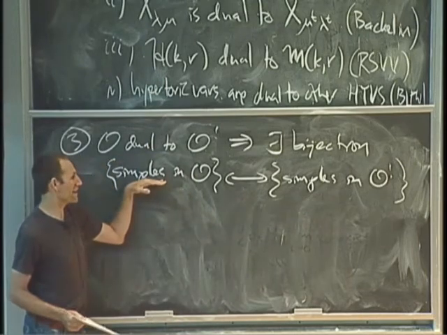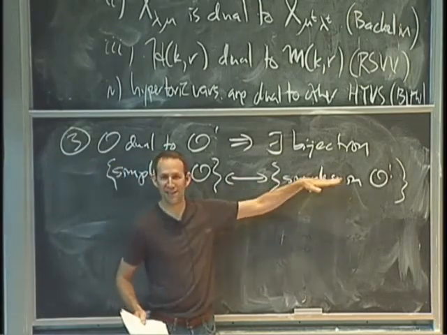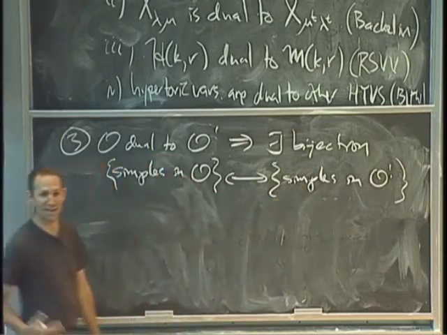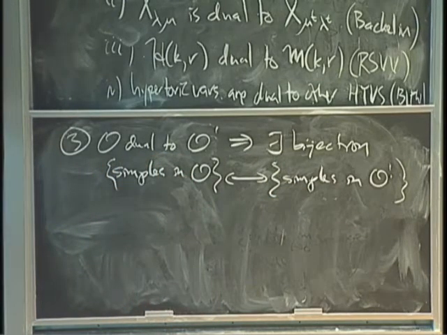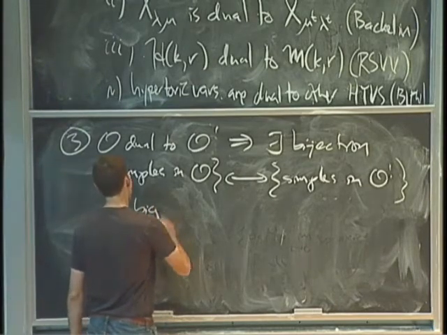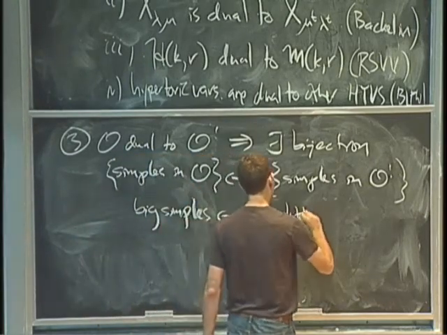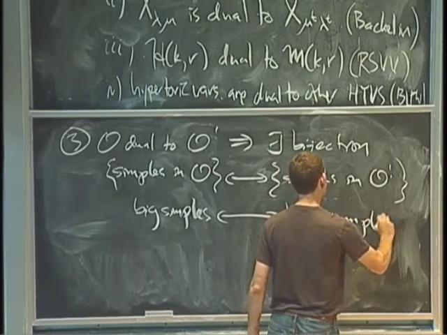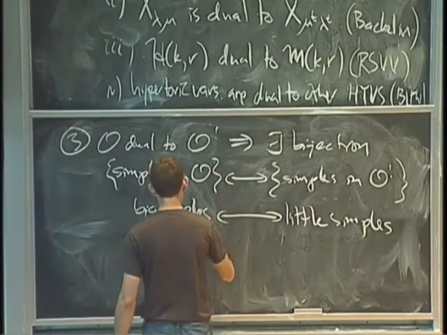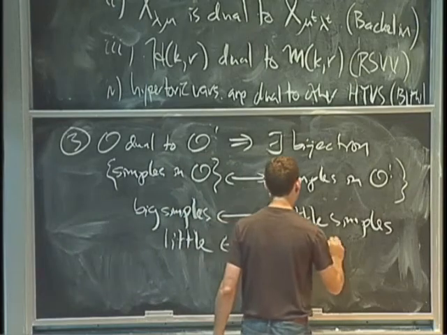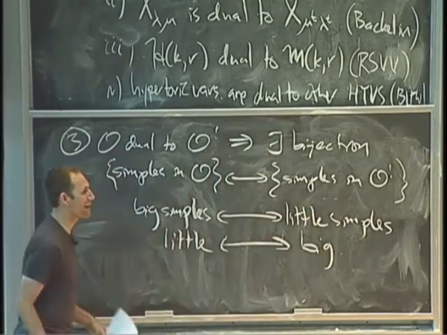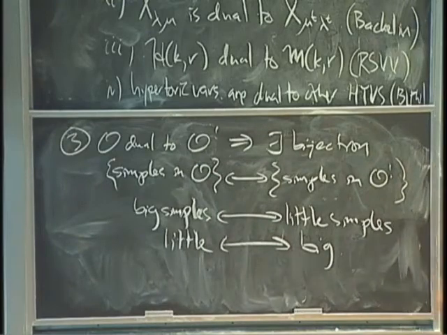So I have a simple here goes to the minimal projective cover of some simple here, and this gives me a bijection between simples. And I want my bijection between simples to be well behaved. In particular, I want it to exchange big simples and little simples, and vice versa. So that's one of the many properties that we expect our Koszul duality to have. And it's true in all these cases. I won't write all the examples this time.